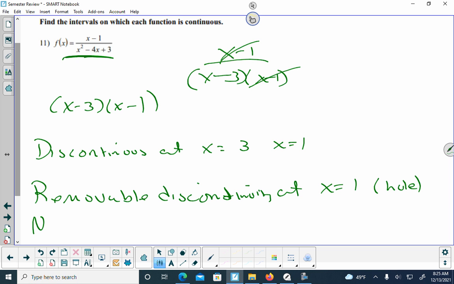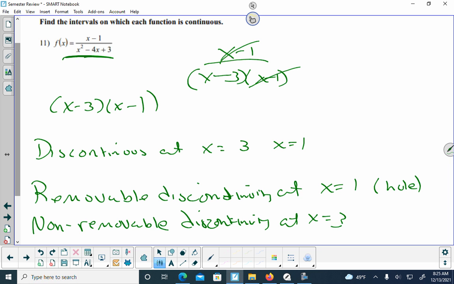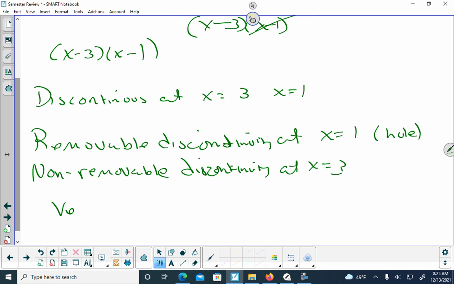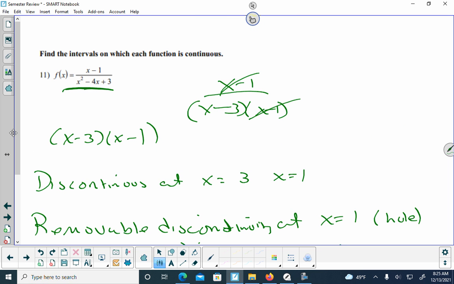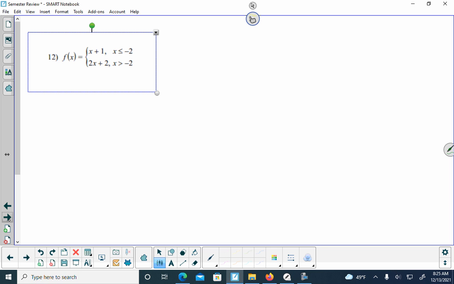And I'm going to have a non-removable discontinuity at x is equal to 3. And remember, that creates a vertical asymptote. And then you write the equation of the vertical asymptote, which is x is equal to 3. So no derivative necessary, just looking at, that's one of the very first things that we did, talking about the types of discontinuity and when a function is continuous and when it's not.